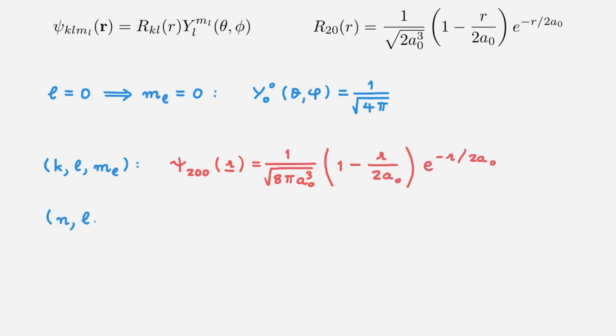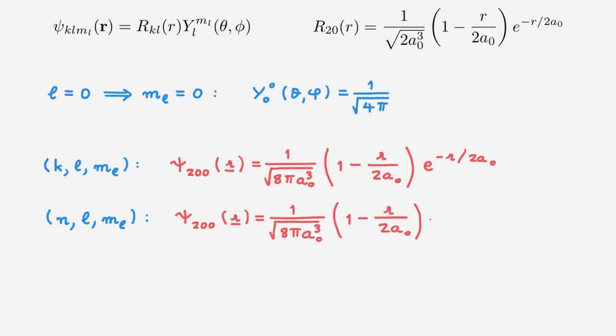Using the n, l, m notation, in this particular case, we also have psi 200 for the first excited state, and of course we have the same explicit expression. We will come back to this eigenfunction to visualize it in a moment, but before we do that, let's construct the other possible first excited states.